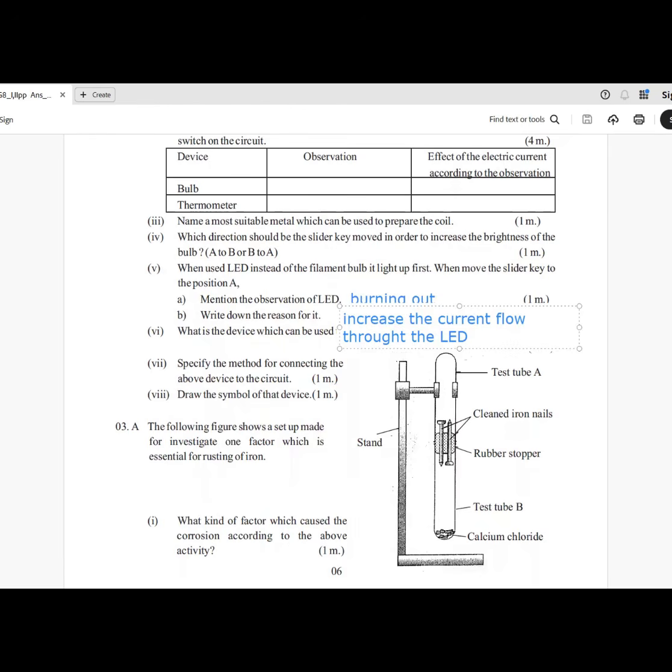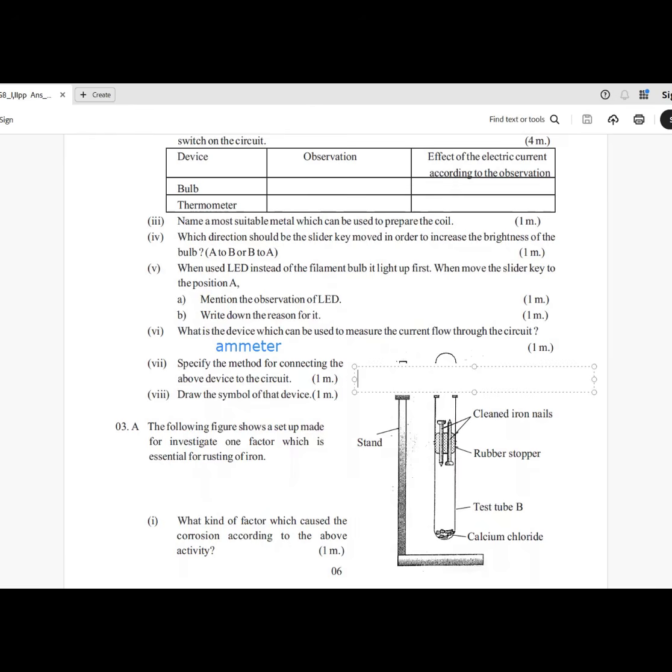What is the device which can be used to measure the current flow through the circuit? To measure the current, we can use the ammeter. Specify the method for connecting the above device to the circuit. Series to the circuit.